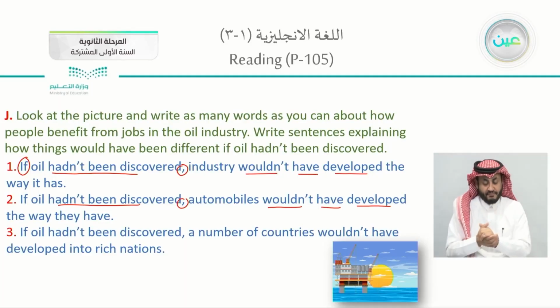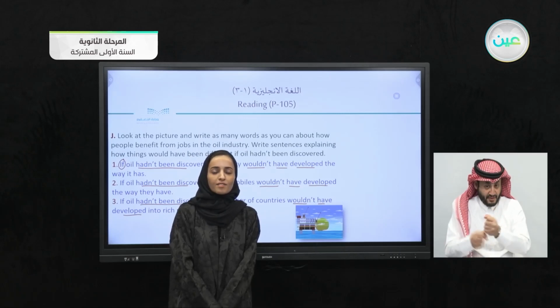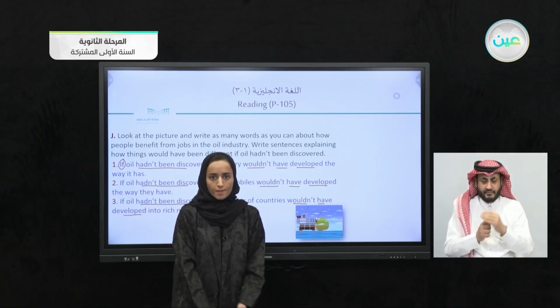Number 3, if oil hadn't been discovered, a number of countries wouldn't have developed into rich nations. Started with past perfect, then you have to use a comma, the subject would have done something, developed. So just refer to the grammar lesson and you can find out the answers for these.